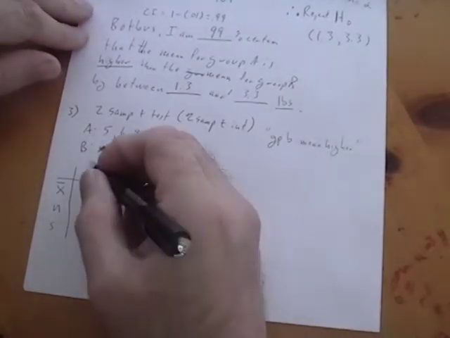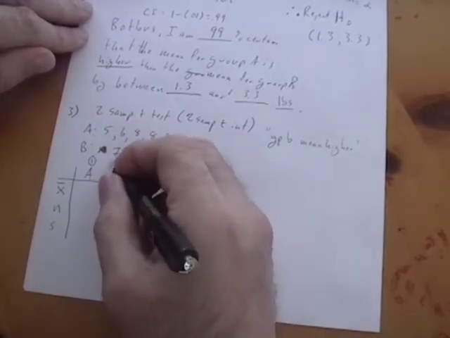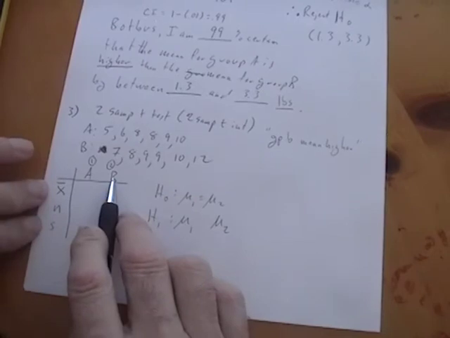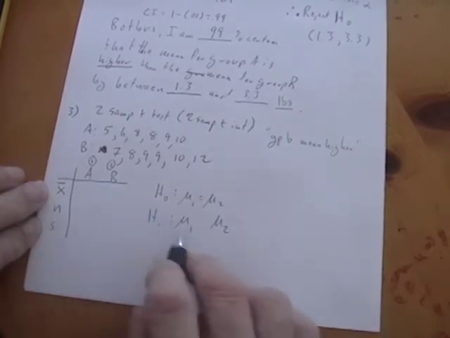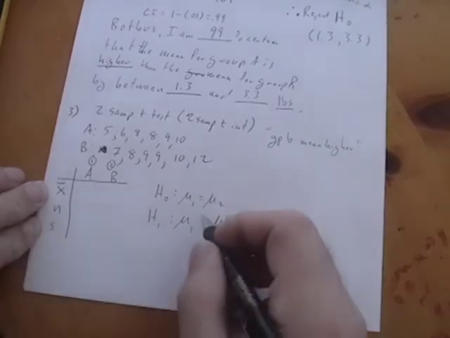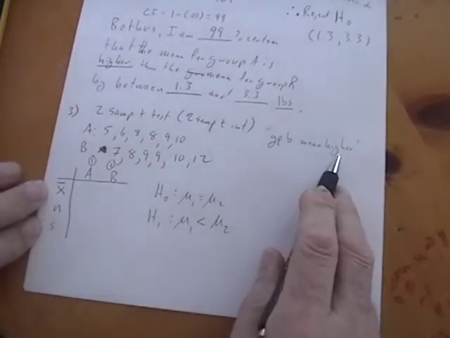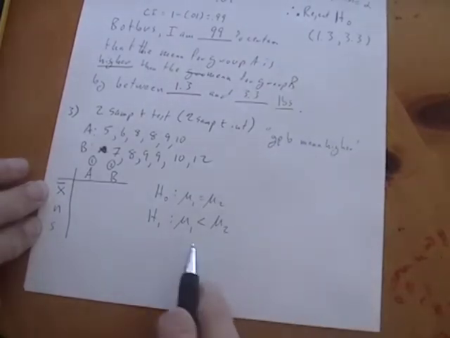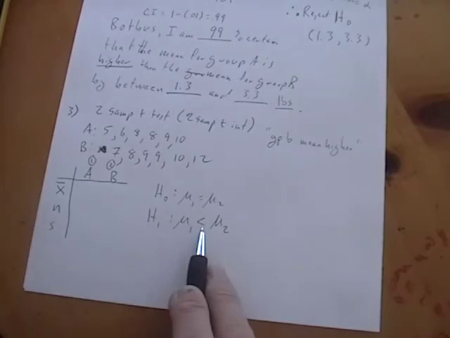Now 1 goes with A, 2 goes with B. If I expect B to be higher, then I expect A to be lower. So yes, this says higher, but since it's saying that B is higher, you need to put in a less than sign here.